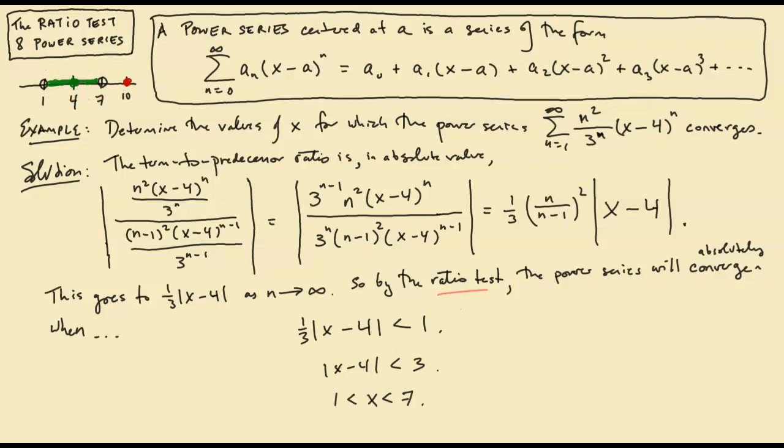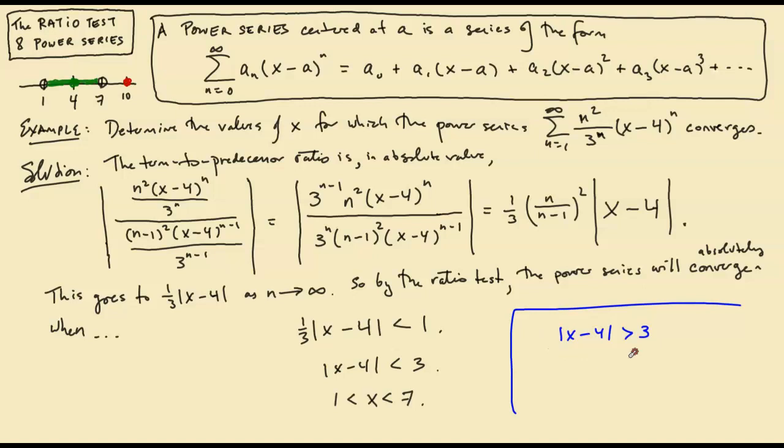And actually, the ratio test tells me something else for free. It tells me that the power series converges absolutely when this thing is less than 1. But what happens when this thing is greater than 1? In that case, the ratio test tells me the series diverges. I'm just going to put this in scratch work. If the series diverges when this happens, well, that's the same condition as this, just multiplying both sides by 3.